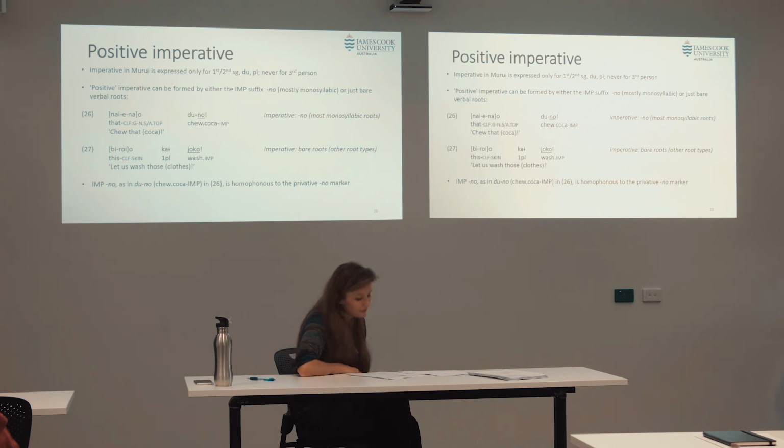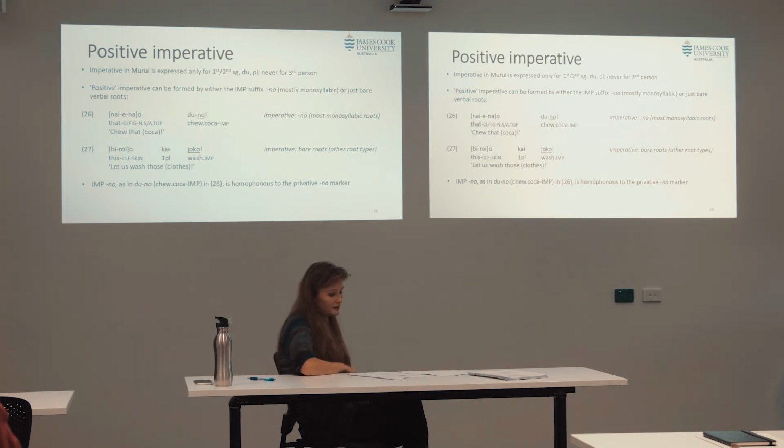So before I actually talk to you about the prohibitive in Murui, which is very much related to this privative, I wanted to show you positive imperative in Murui. So generally Murui imperative is used only for the first and the second person, and never for the third person.